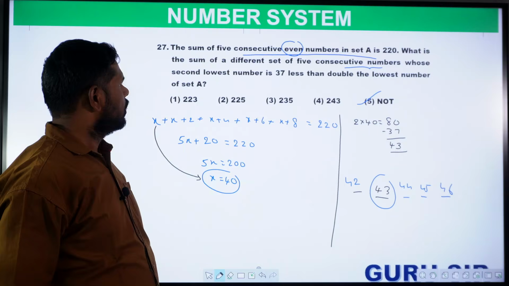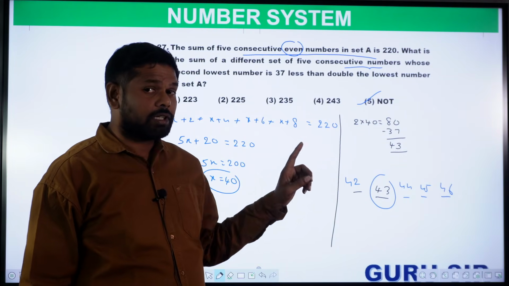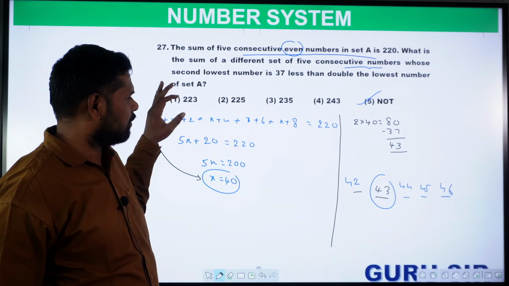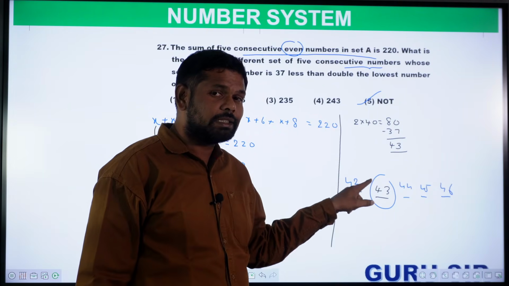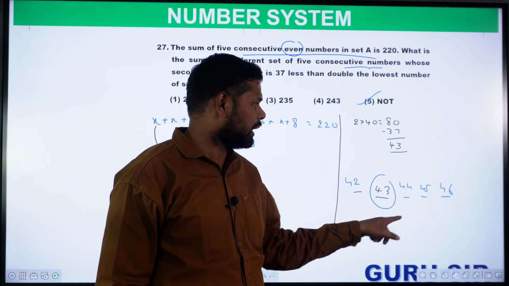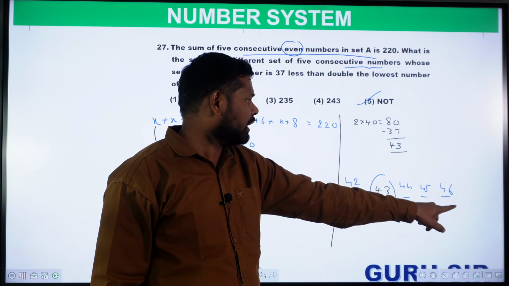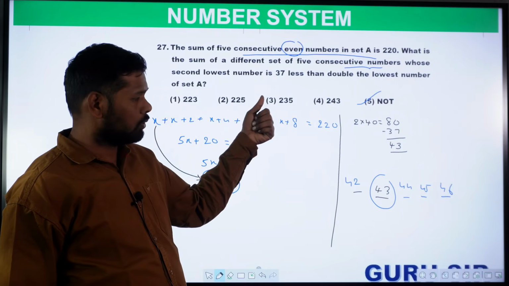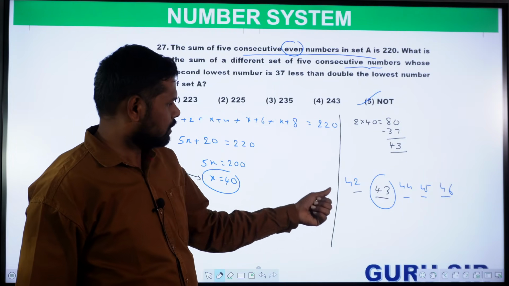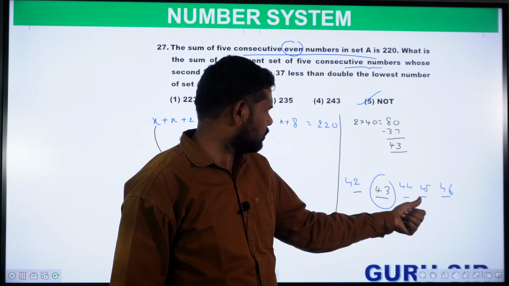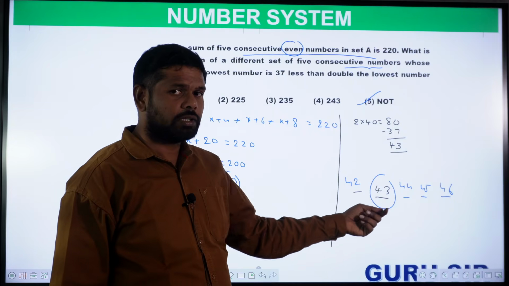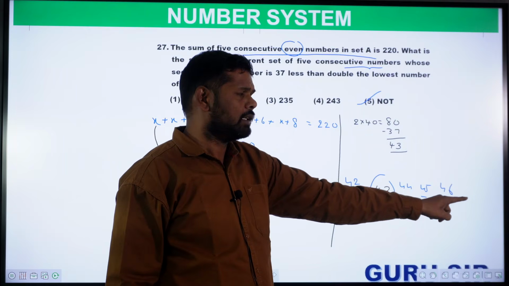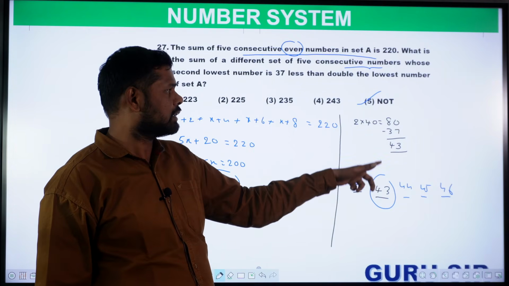So what happened in this question is that we must read the question clearly. We might think 43 is the lowest, and write 47 at the end. Then the sum would be 225, which is in the options. But the correct answer is none of these.